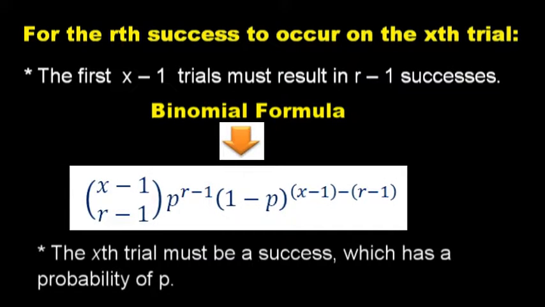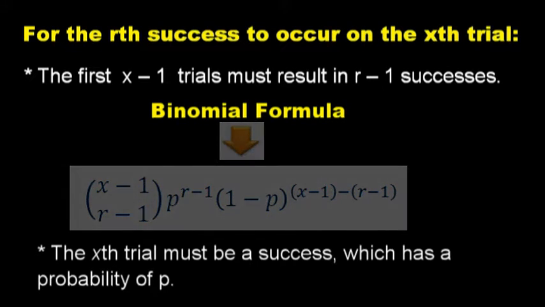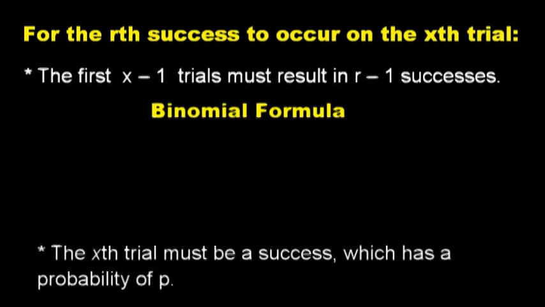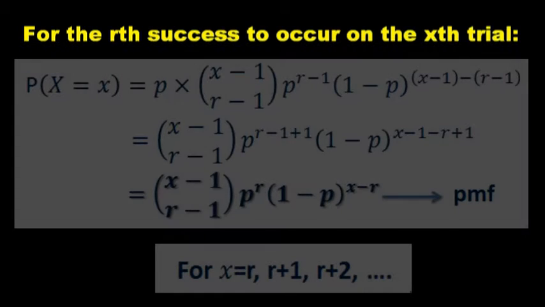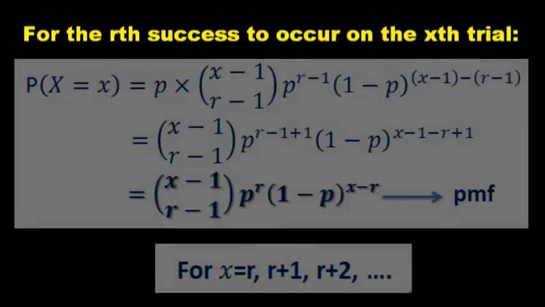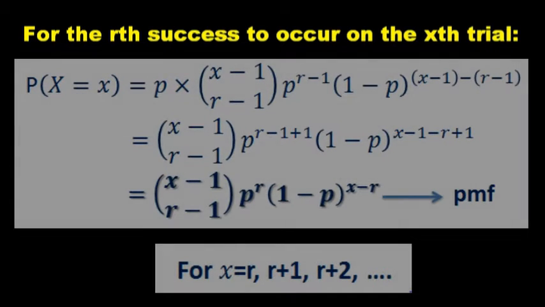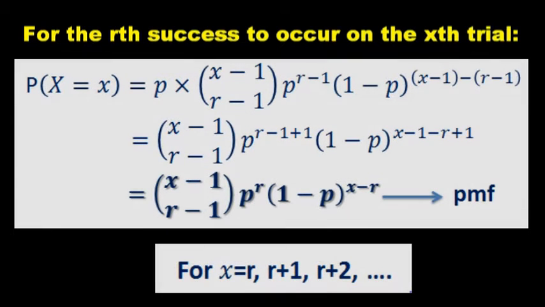And to calculate the probability the rth success occurs on the x trial, we're going to simply multiply the two probabilities together because the trials are assumed to be independent. So then the probability of random variable X taking on the value of little x is the product of the two probabilities I had just mentioned. So we multiply them together and simplify them a little bit.